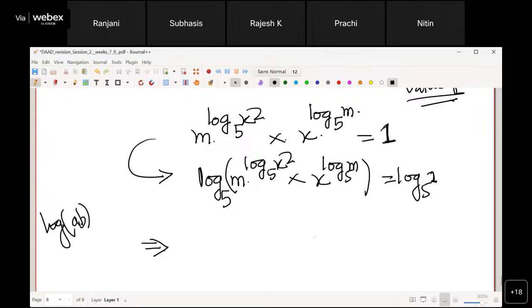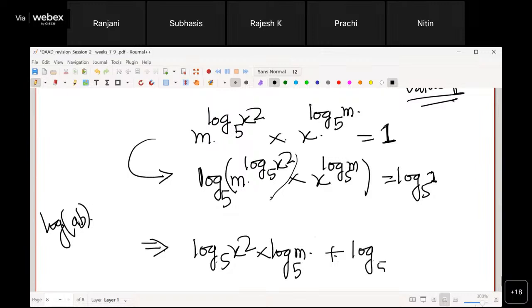Log a plus log b. So now I need to apply this: log 5 x square times log 5 m. I have taken the exponent out as a log. And one more thing, I can take log 5 m times log 5 x, right?